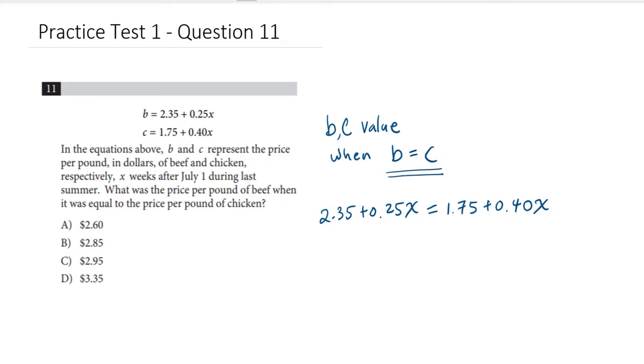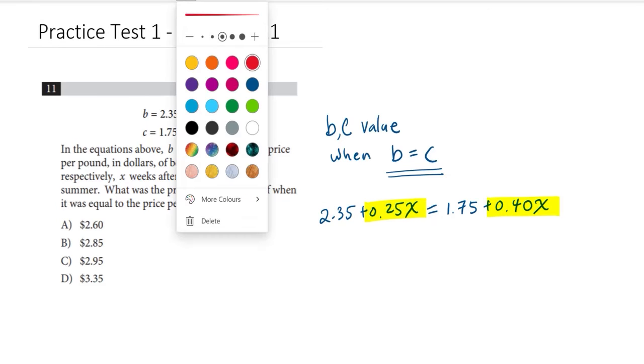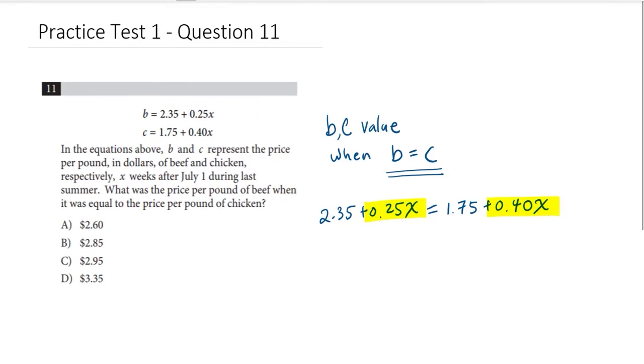the same price. Okay, so let's move everything to one side of the equation, or let's combine the x terms. Okay, so these two will be combined by subtracting 0.40x from each side.